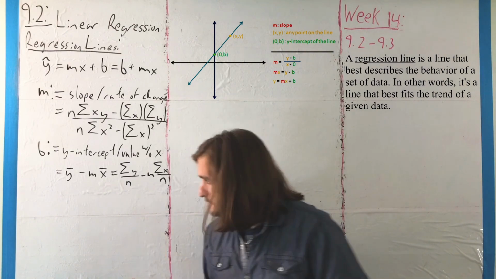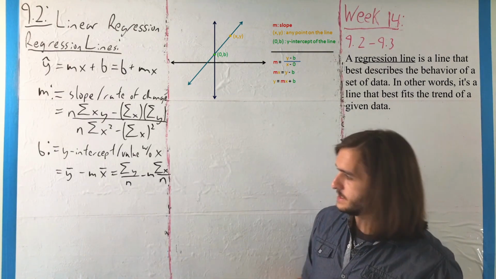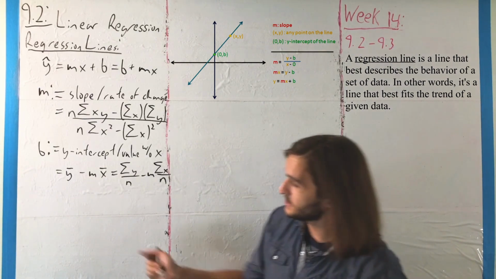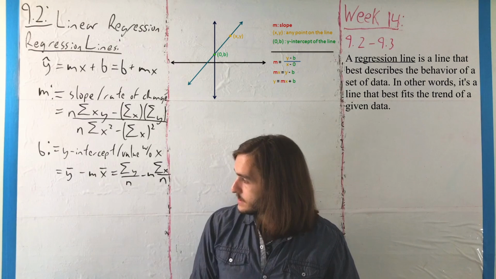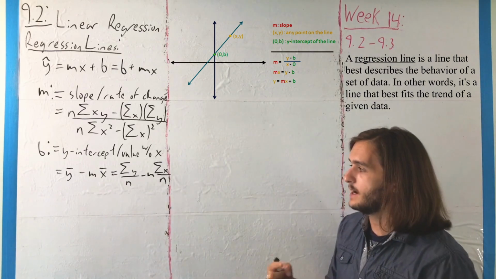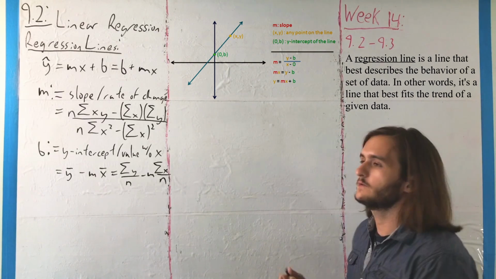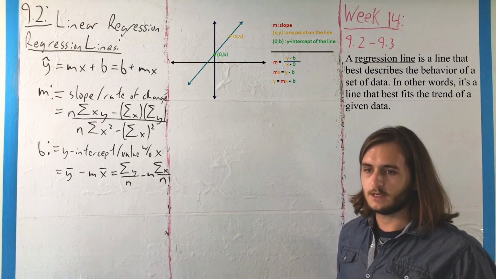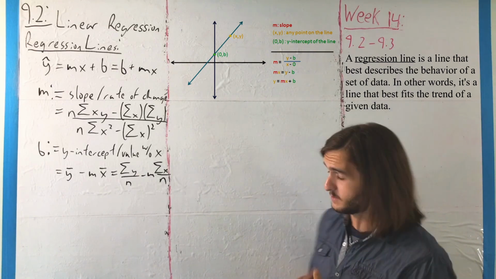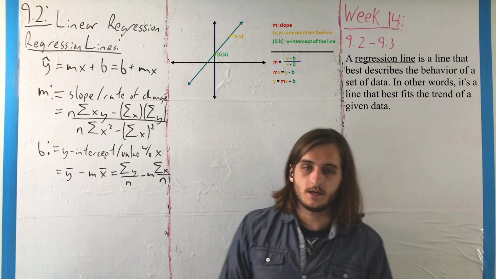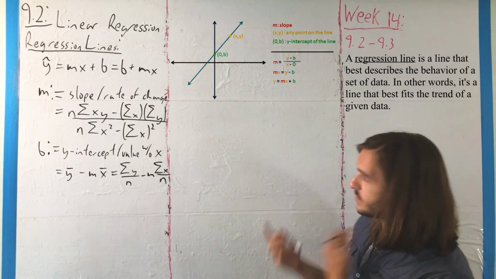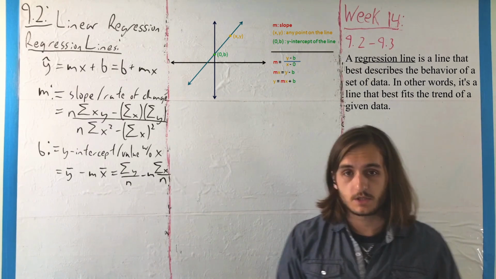To get that value b, we look at the average of our y values, y bar, going way back to the beginning with that notation, minus m times the average of our x values. So sum of y over n minus m times sum of x over n, which I think is a little easier to read than to say, because of how subtle the difference between m and n can be. But the point is, you take that scatter plot pattern, draw a line in there, and you try to get some sense of what's going on.